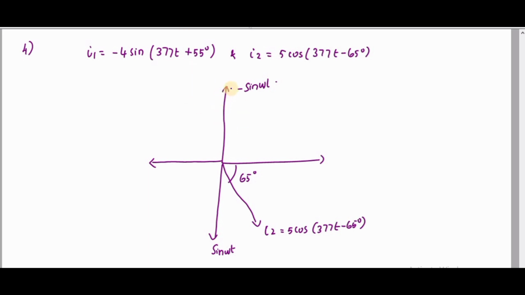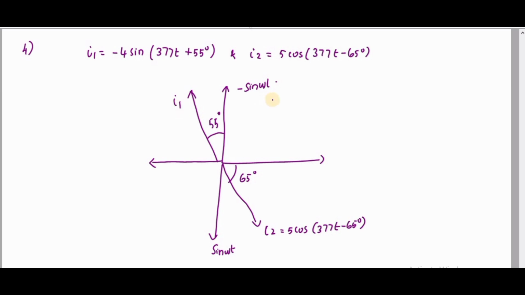Here I1 is minus sin omega t, and it is 55 degrees, which means anti-clockwise direction from minus sin omega t. So this is nothing but your I1.